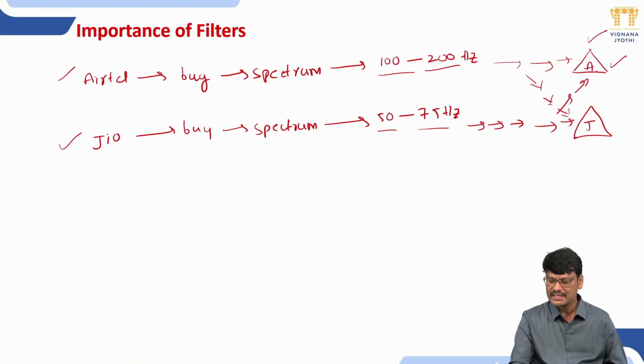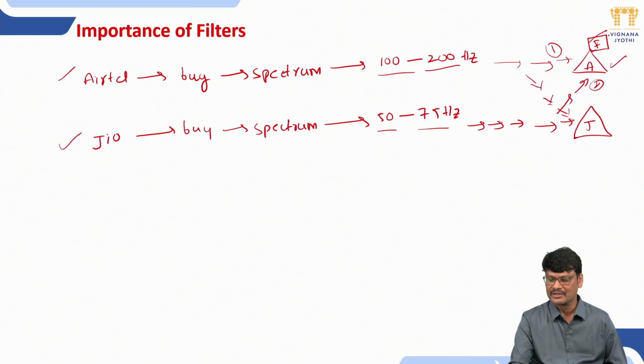Now, at each tower, two signals are available. One is the Airtel signal and the other is the Jio signal. Now, the Airtel tower has to accept only the Airtel signal. But here two signals are available. That is why we have to keep one circuit.